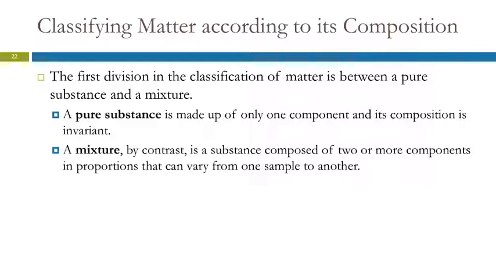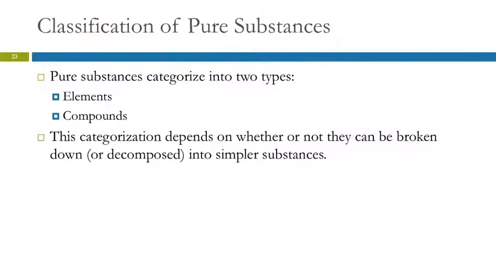You could have two cups of sweet tea, but one might be a lot sweeter than the other, right? Because you put more sugar into it. Those are mixtures. Take those pure substances, categorize them into elements or compounds, and this is based on, can the substances be broken down or decomposed into something that's simpler?